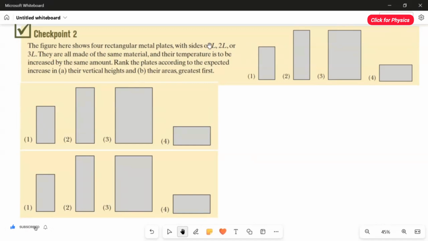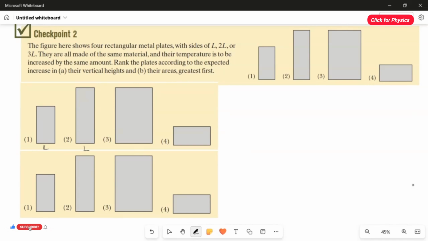So we have to assign these side values based on the size of the figure. Let's first fix the side values of these rectangular plates. You can see figure number 1 and figure number 2, the length of the plates looks like L, and they are exactly similar.